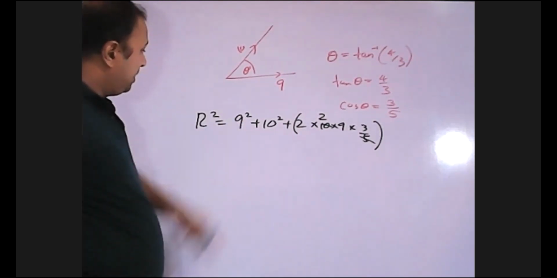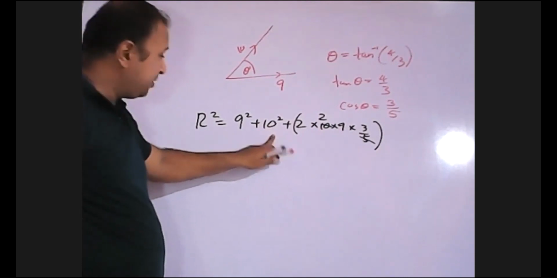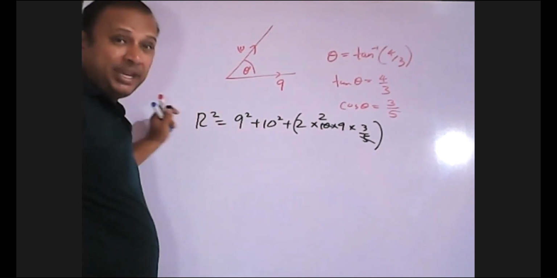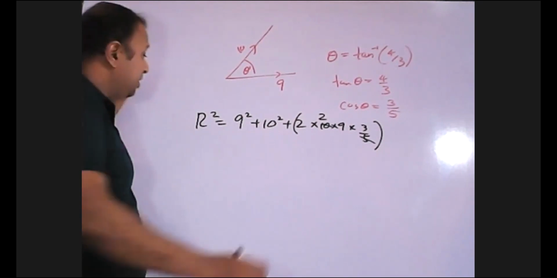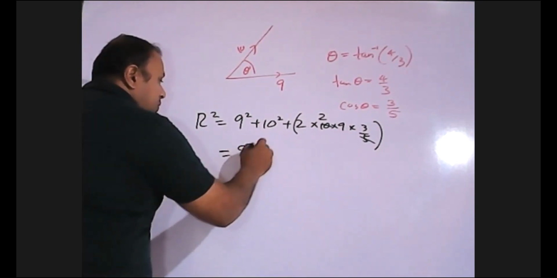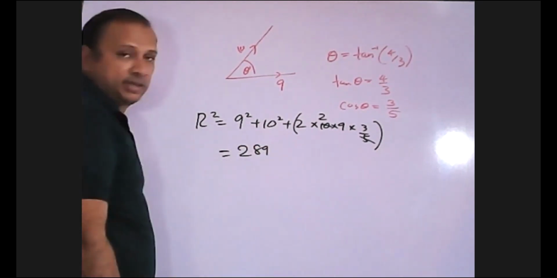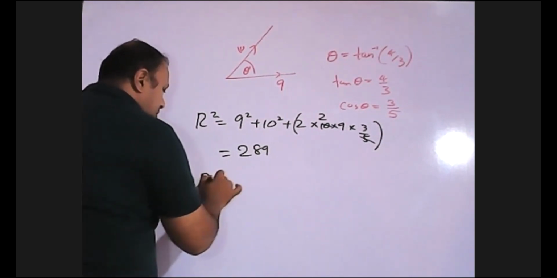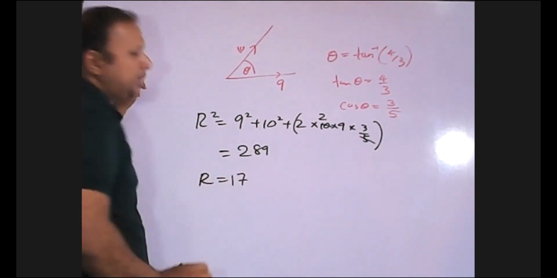Then this is 100, this is 81. So 181 plus 108 is 289. 289 means R is equal to 17.